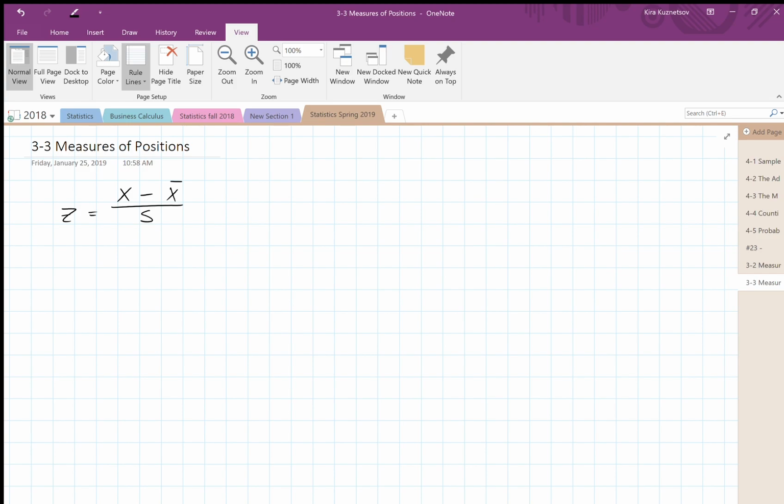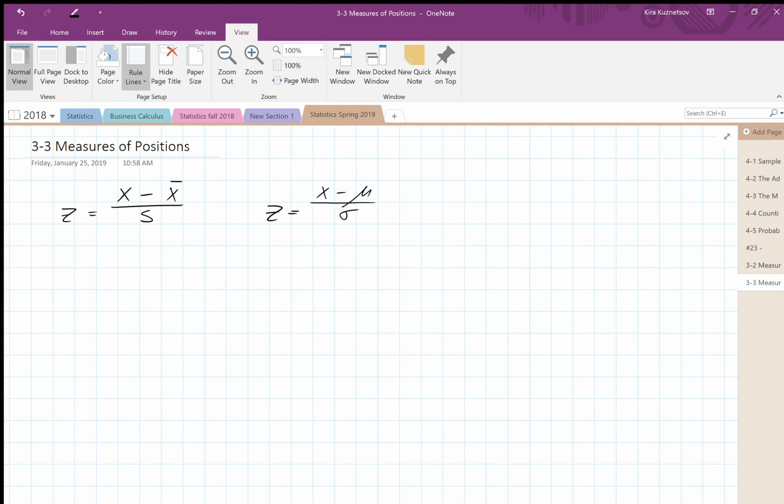I can do exactly the same thing if I have population information rather than sample information by taking mu and sigma rather than x bar and s. So what the z-score represents is the number of standard deviations that a data value falls above or below the mean, so away from the mean.